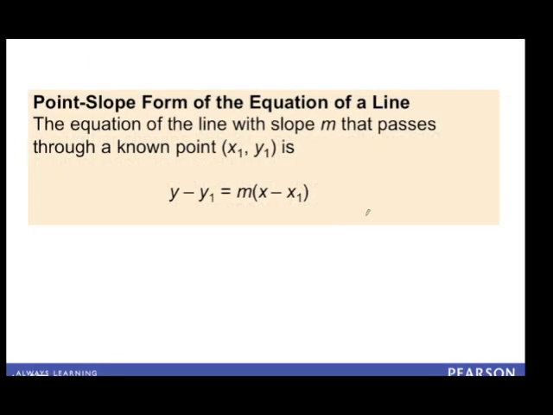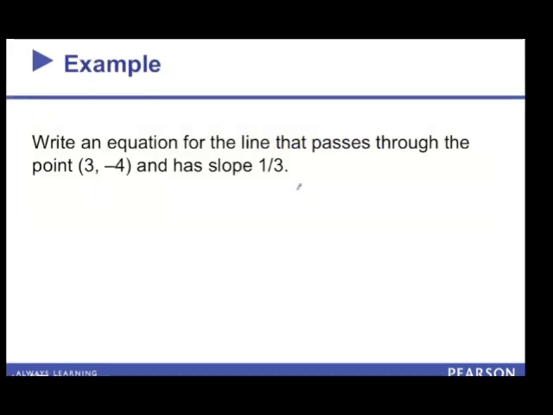Now the point-slope form of a line: again we have slope m, and the line passes through a point. We don't always know the y-intercept. So we take y minus the y value of the point equals m times x minus the x value of the point. Let's see how that works.